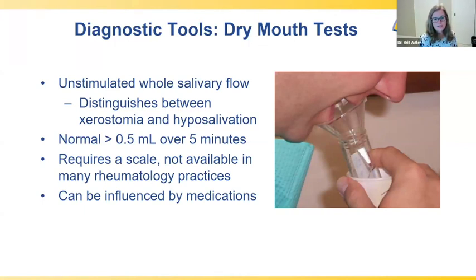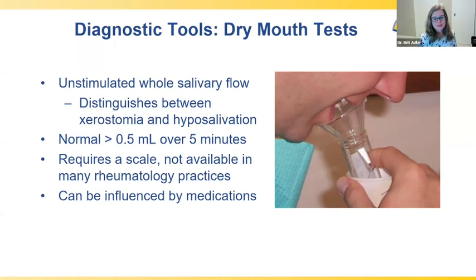And this is important to determine if patients are actually producing less saliva than they should, or whether they have just the sensation of having a dry mouth, which is called xerostomia. Even though this is probably one of the simplest tests that I can possibly think of, it still requires a scale. And so it's actually not available in many rheumatology practices.